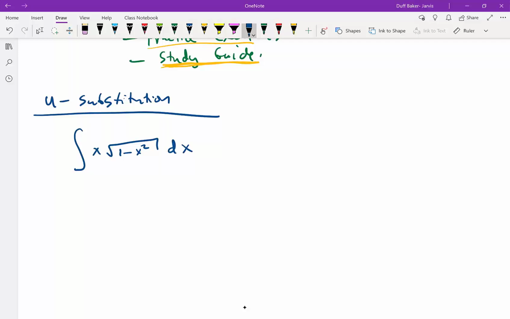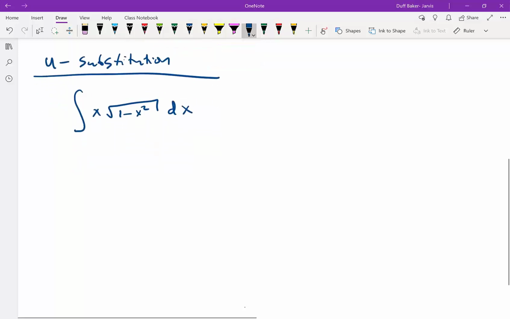And so what we're going to talk about today is a method that lets you identify and simplify integrals that involve a specific pattern. Okay. So that's the first thing we need to talk about: what pattern is it that we're trying to identify? And it all really comes from the chain rule.